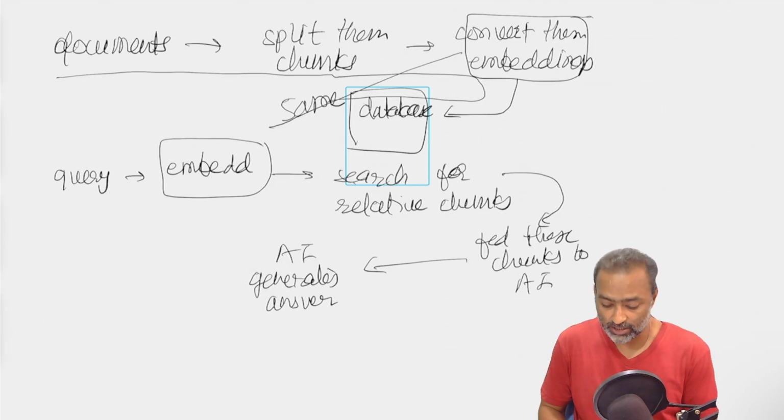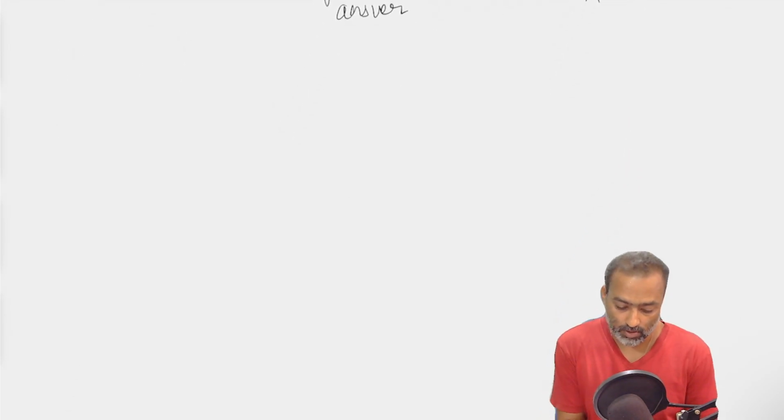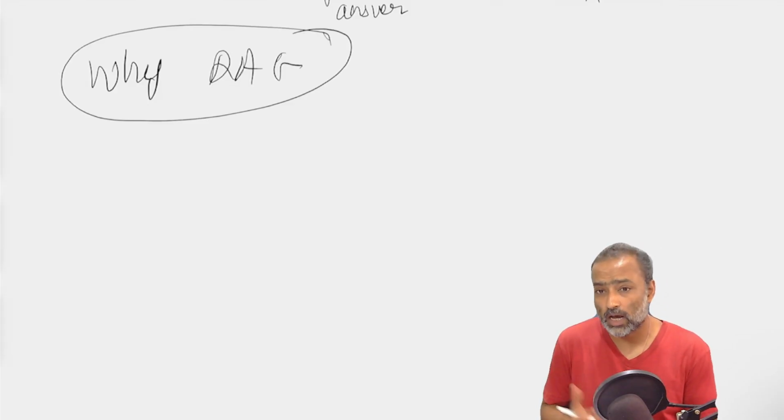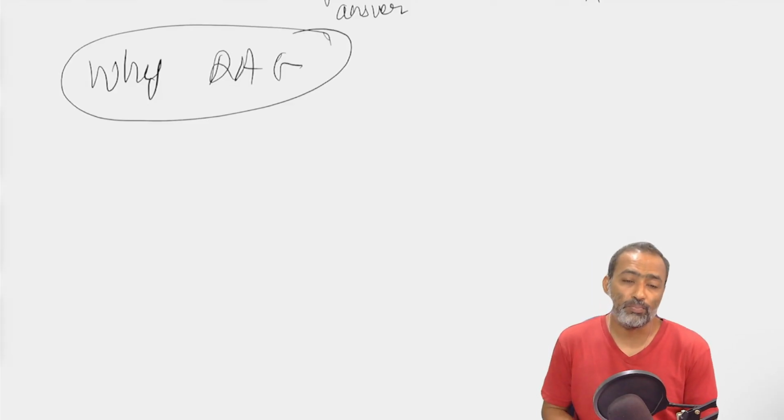Finally, I want to answer two questions. Why RAG? Why don't we train a model? Let's say a company's policy changed. Now, in case you want to answer from this company's policy, you need to retrain the model. But that is an expensive affair. It is not really wise for small changes to train the model again and again.